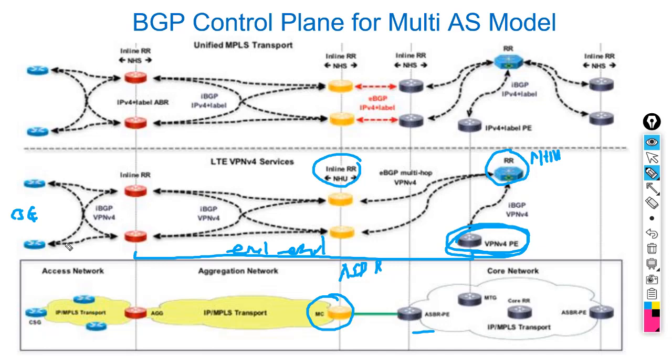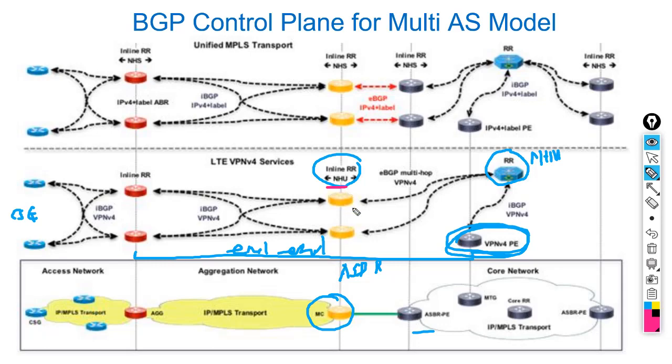In the reverse direction, it is also the same. The VPN request from CSG is advertised to AGG, then AGG advertises to MTC or metro core. The metro core by default will modify the next hop to its own IP address.